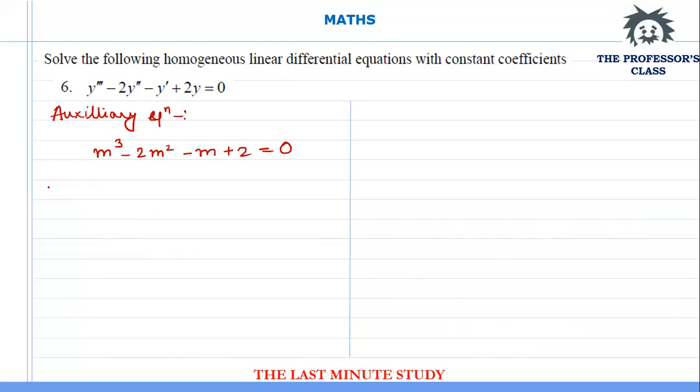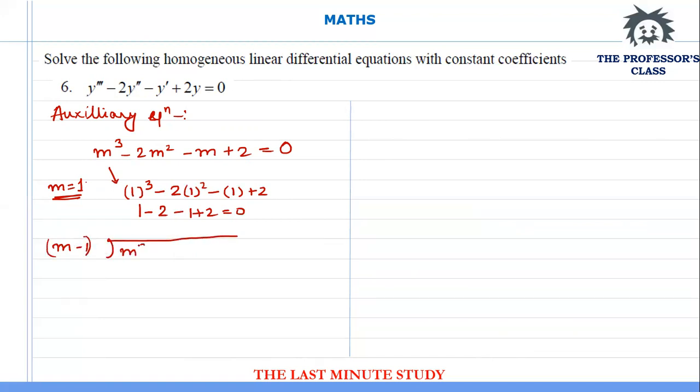Now if I substitute the value of m equal to 1, this will become 1 cube minus 2 times 1 square minus 1 plus 2, which is equal to 1 minus 2 minus 1 plus 2 is equal to 0. So m equal to 1 is one of the roots of this equation, or basically I'll say that m minus 1 is one of the factors of this entire equation. So I'll divide this by m minus 1 to find the rest of the part, which will be equal to m square.